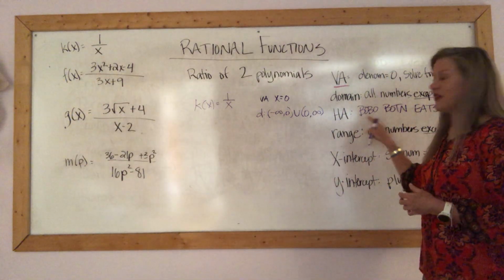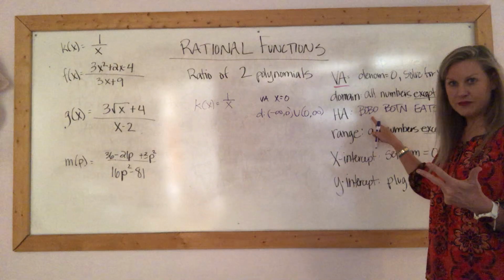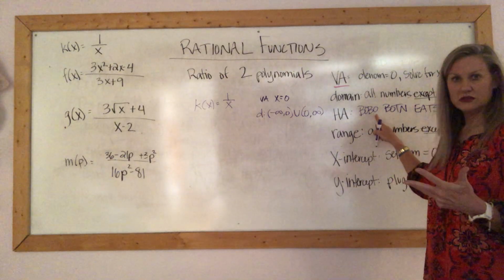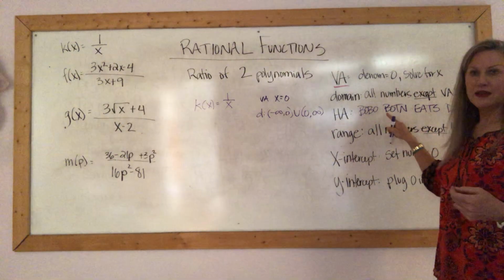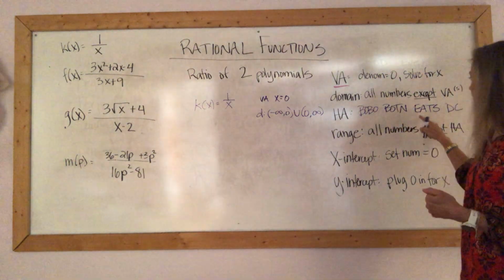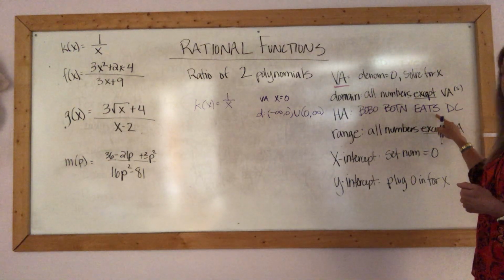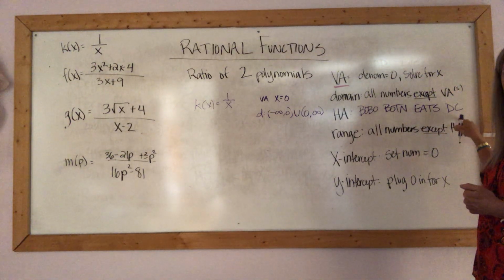So BOBO stands for bigger on bottom, 0. Bigger on top, none. Eats DC: exponents are the same, divide coefficients.